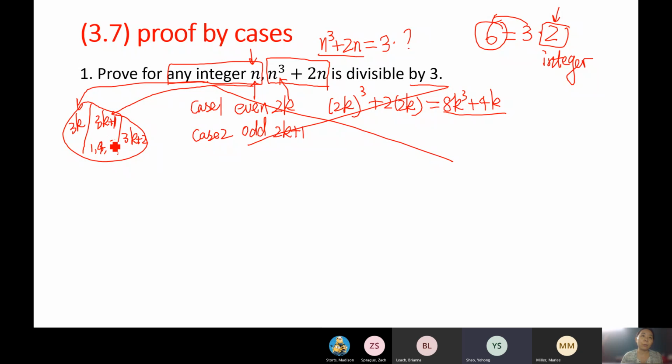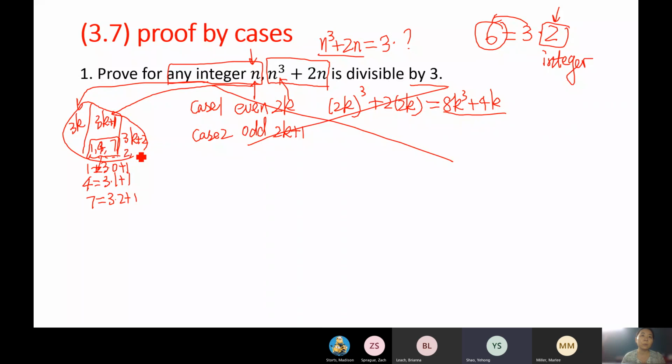When you divide 7 by 3, you get remainder 1. So all of these numbers I can always write them. For example, 4 can be written as 3 times 1 plus 1. 7 can be written as 3 times 2 plus 1. And 1 can be written as 3 times 0 plus 1. So all of these integers, there are infinitely many, can be written in this format, 3k plus 1.